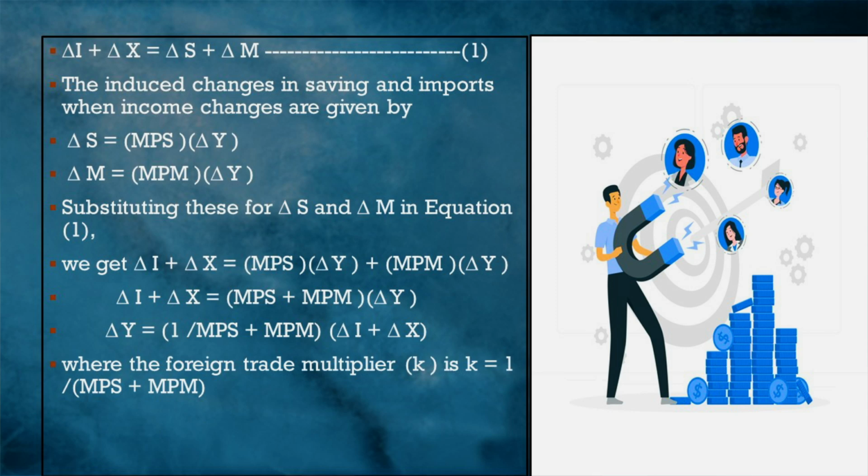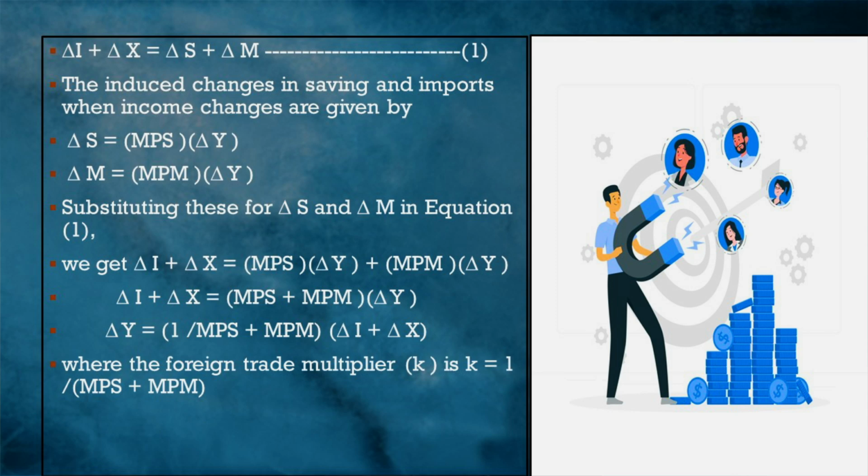So this change in saving and change in import, you can plug into equation 1, and then what you get is change in investment plus change in export is equal to MPS into del Y plus MPM into del Y, okay.